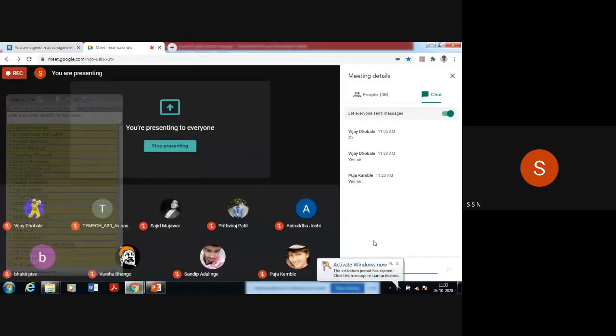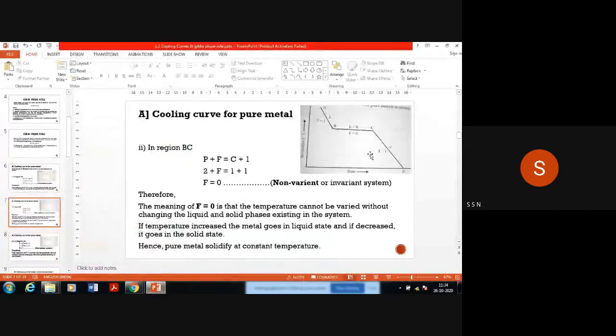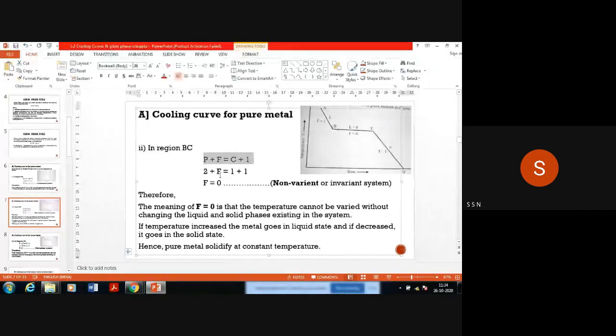Again apply this equation, P plus F is equal to C plus 1. Put the value of P, C and find the F.